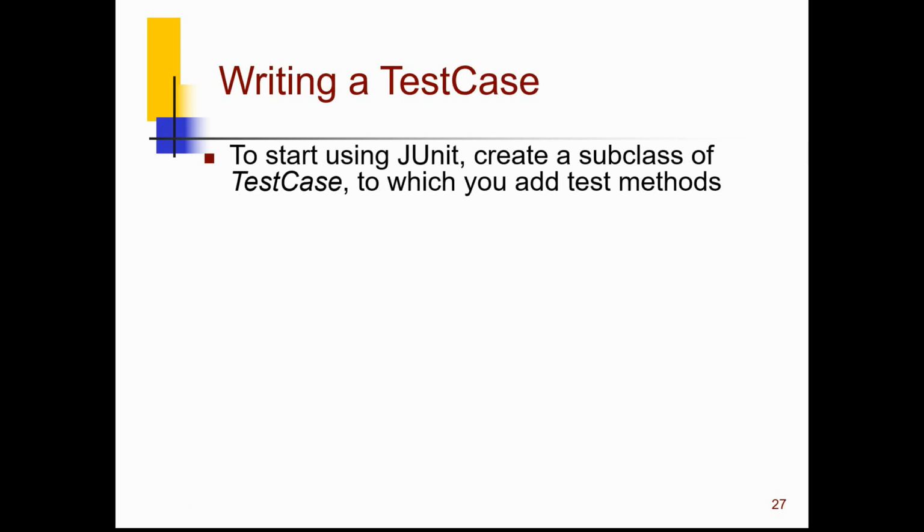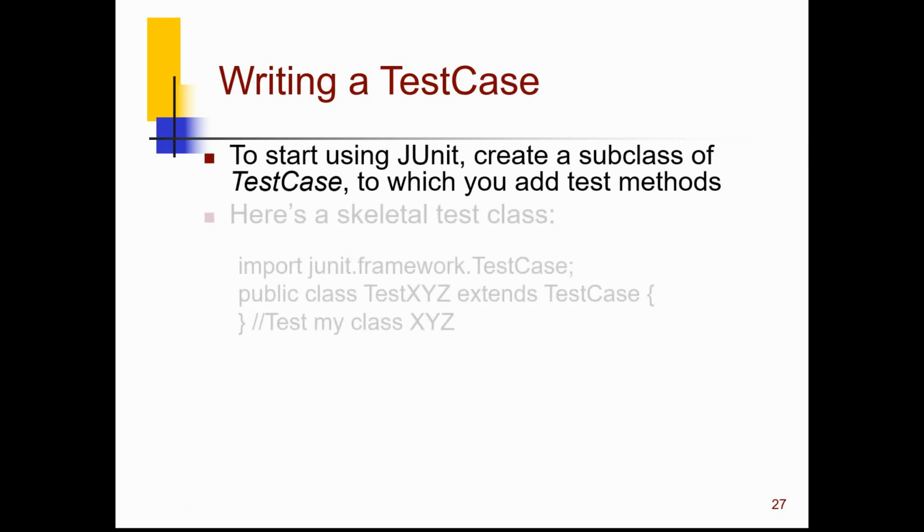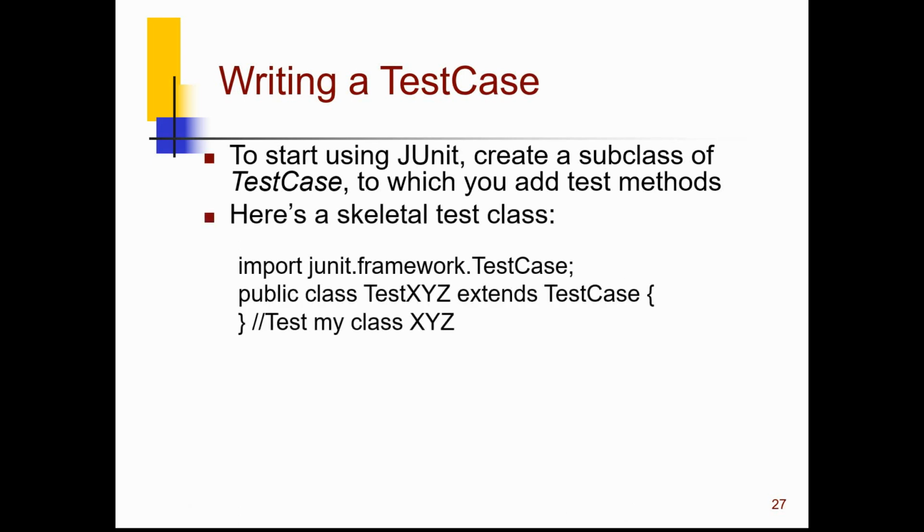Okay, let's see how to write the test case. To write the test case, this one shows that you need to first include this JUnit framework, and then for the class, create a subclass of test case which adds a test method.